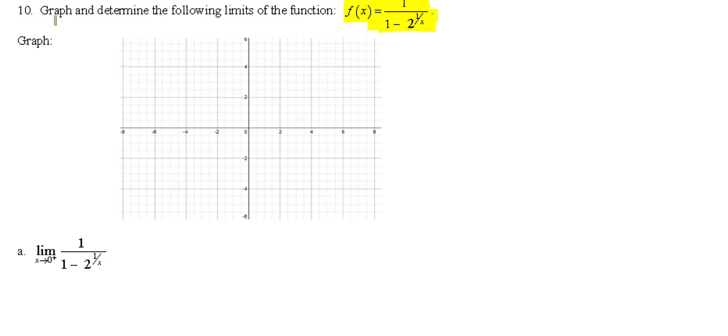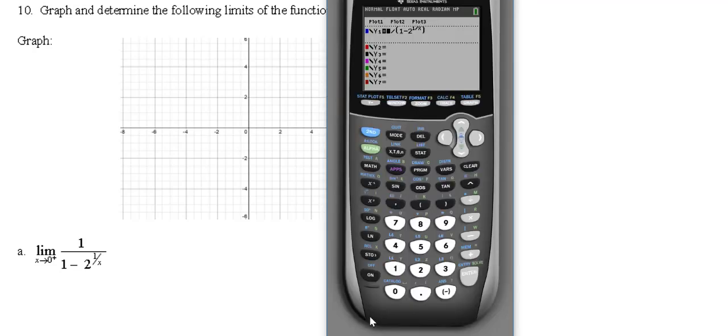We are asked in this problem to graph and determine the following limits of this function, and there's my highlighted function. We can certainly use our graphing technology to help us out, whether that's Desmos or some other online graphing calculator or our actual graphing calculator. So I'll go to my y equals.